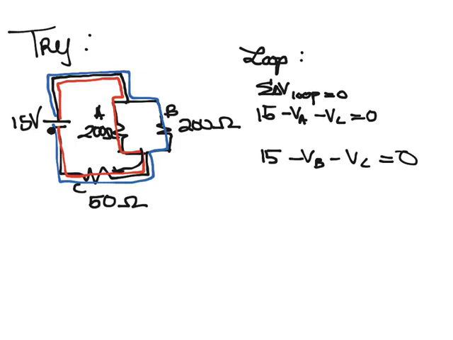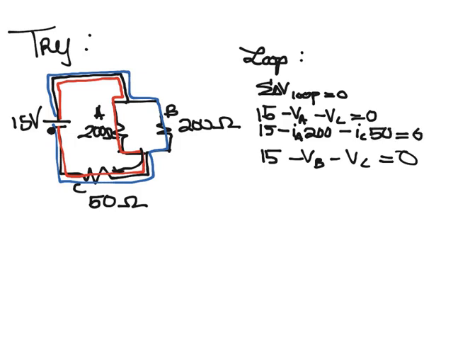If I wanted to, because I know my junction rule is going to give me currents, I can say this is really 15 minus, I know VA is IA times RA, which is 200, minus IC, RC, and RC is 50 equals 0.